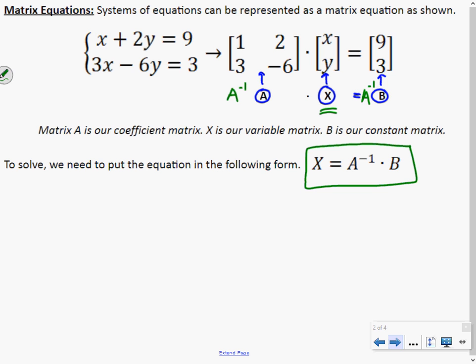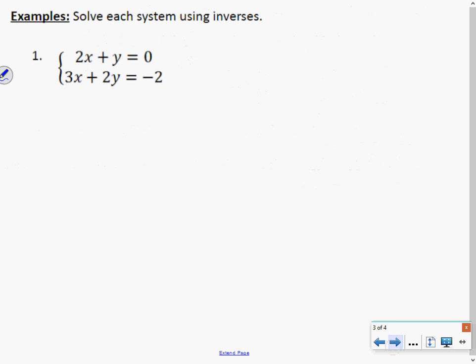So let's do an example of this. The first thing that we need to do is change this system into a matrix. We're going to have our coefficient matrix, 2, 1, 3, 2.